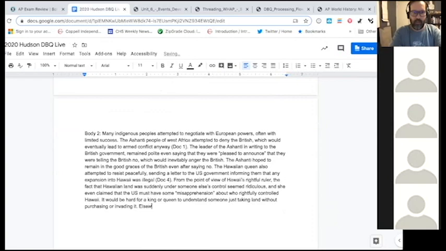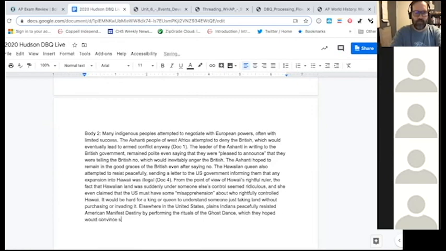Elsewhere in the United States, Plains Indians peacefully resisted American Manifest Destiny by performing the rituals of the ghost dance, which they hoped would convince the spirits of their ancestors to wipe away the white invaders.